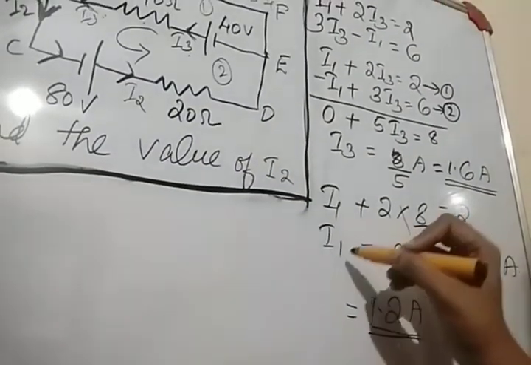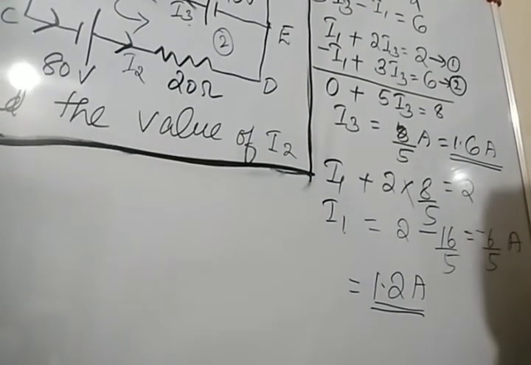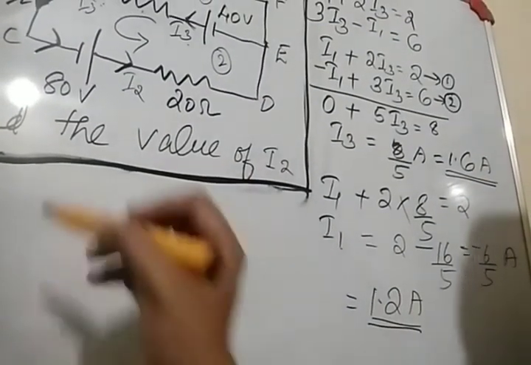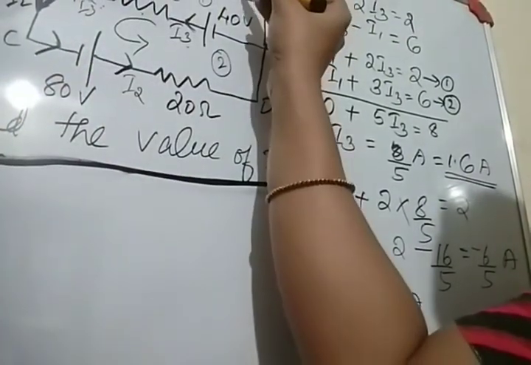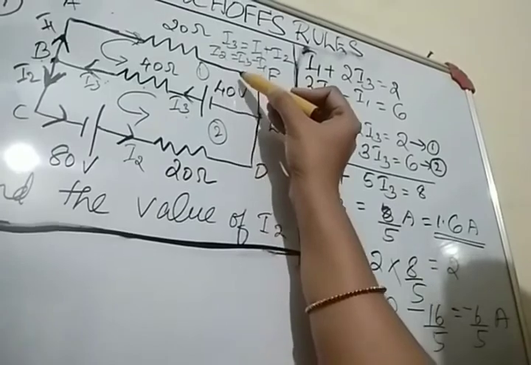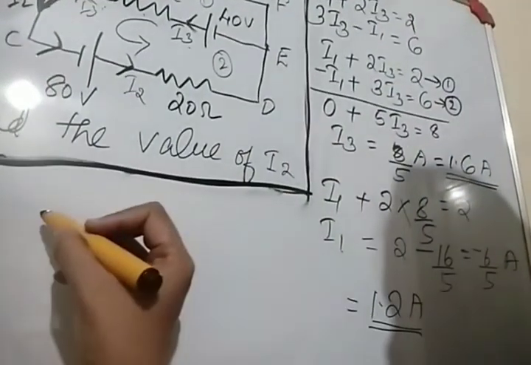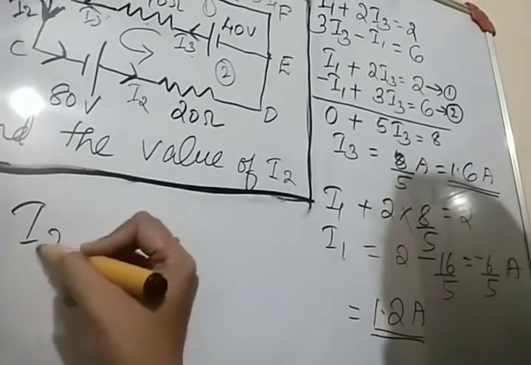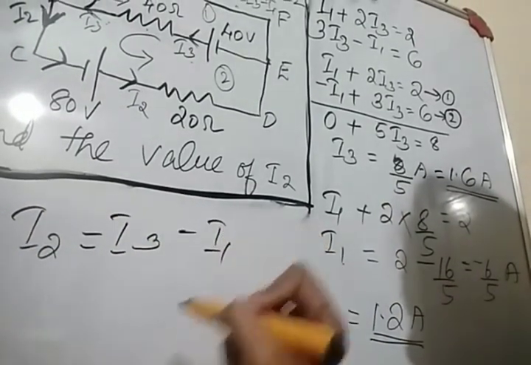Okay, so this is the value of I1, this is the value of I3, but we need to calculate I2. So what is I2? When you applied the junction rule, you got I2 is equal to I3 minus I1. So just substitute here. I2 is equal to I3 minus I1.